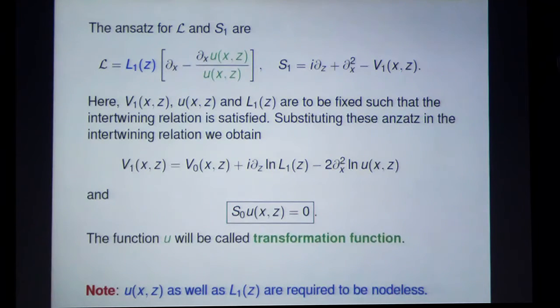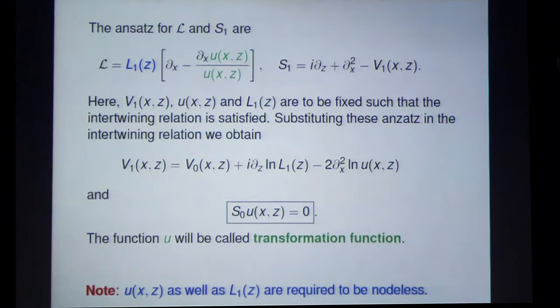The second condition arises from the observation of the potential. If we have a zero in this function, we will have a divergent behavior in the new potential, and if we have a zero right here, we also will have a divergent behavior. So the second condition is to avoid zeros in U at any X and any Z, and to avoid zeros right here.